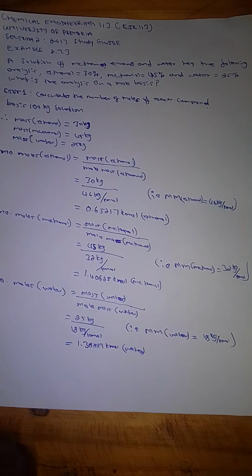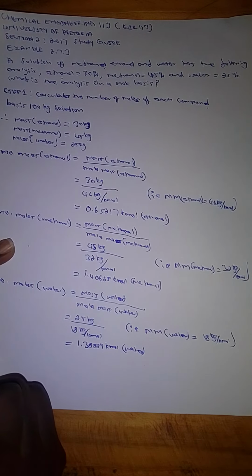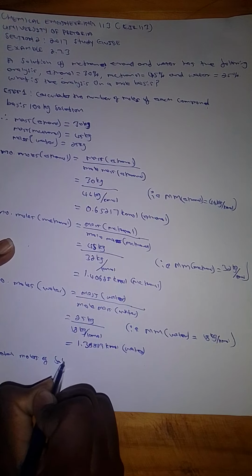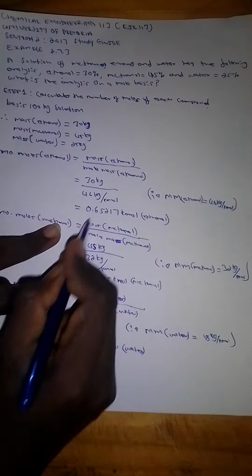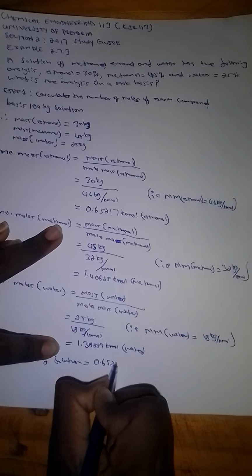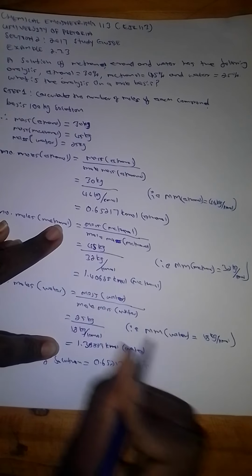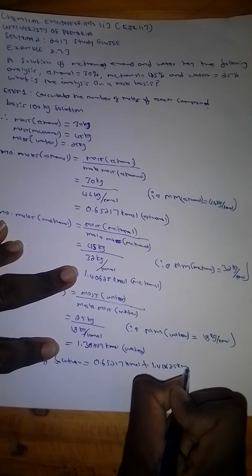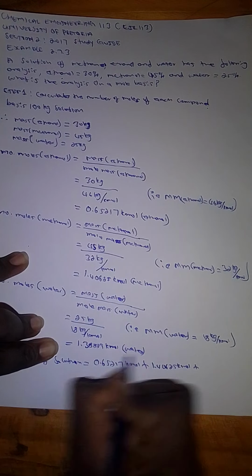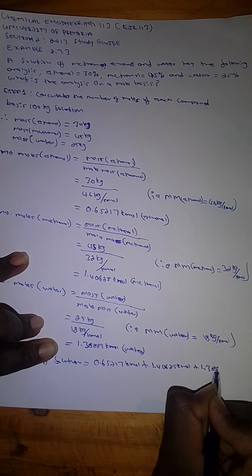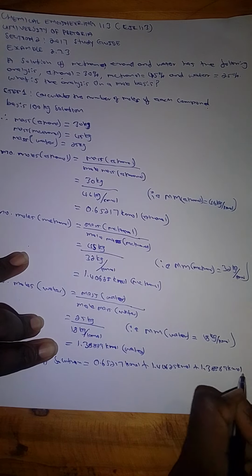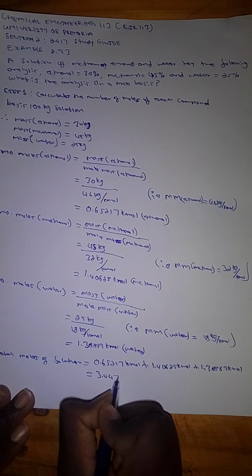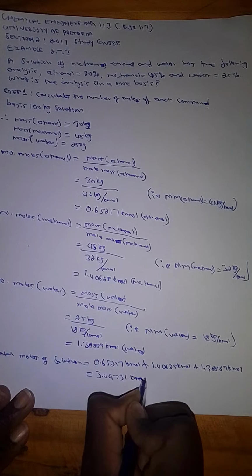Now that we have the kilomole of each compound, we say total moles of solution equals 0.65217 kilomole, that is the ethanol, plus 1.40625 kilomole, that is our methanol, plus 1.38889 kilomole, that is the water, and the total becomes 3.44731 kilomole.